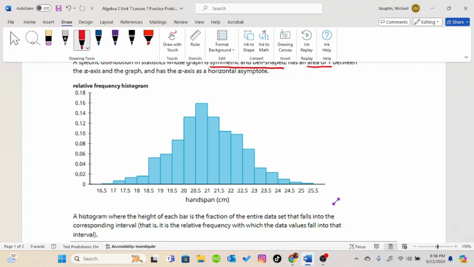So the difference is that this is a relative frequency histogram and not a regular one. Instead of keeping track of the number of times that a data point shows up, now you are tracking the proportion of the time, or a percentage of the time, that a data value shows up.